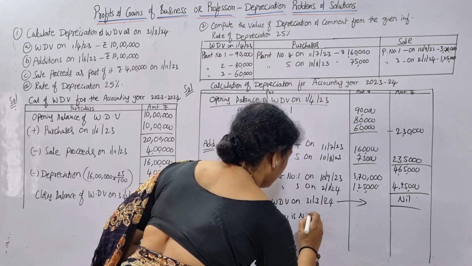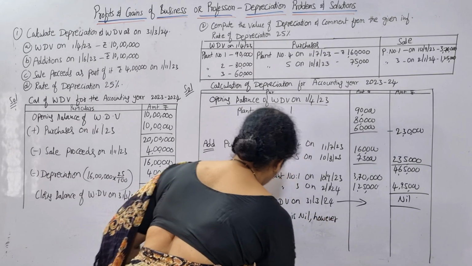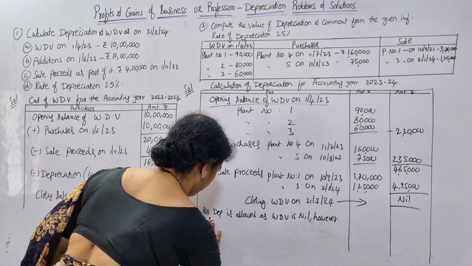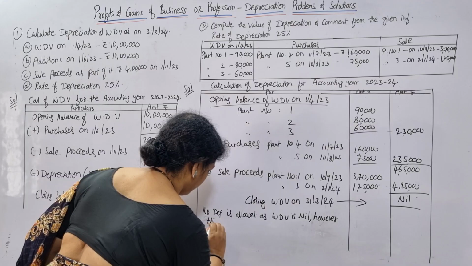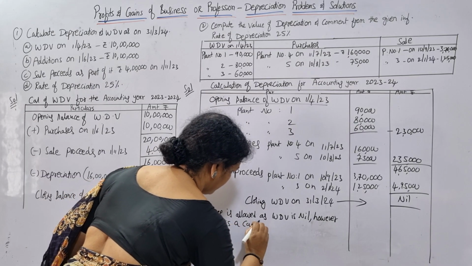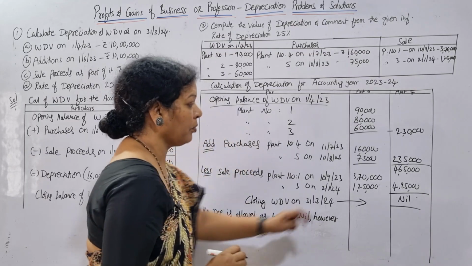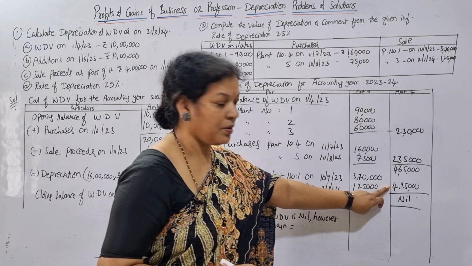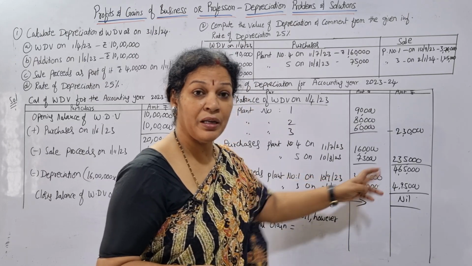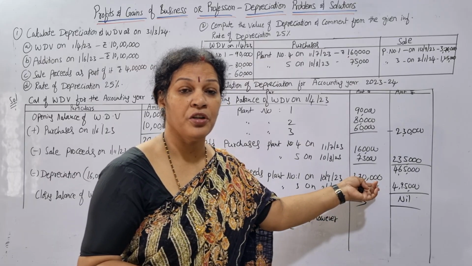You can say however there is a capital gain. Capital gain of how much? This is more, 4,95,000 we are having, whereas the original value is 4,65,000 only. Sale proceeds are more than the original value.